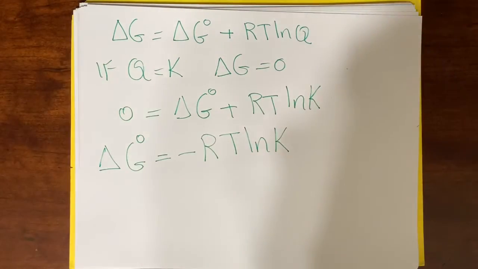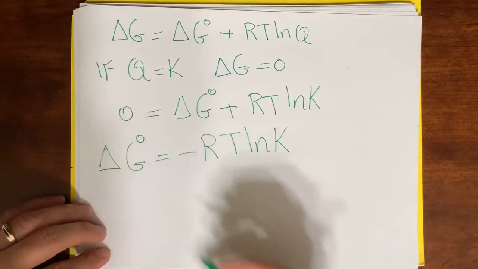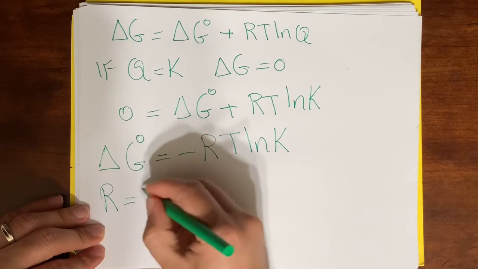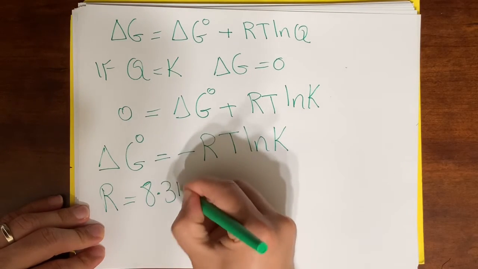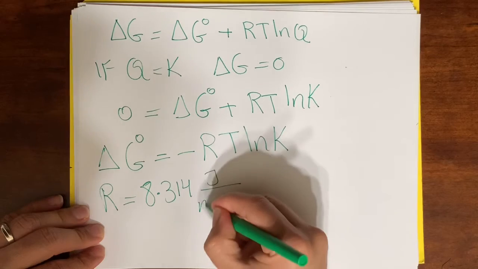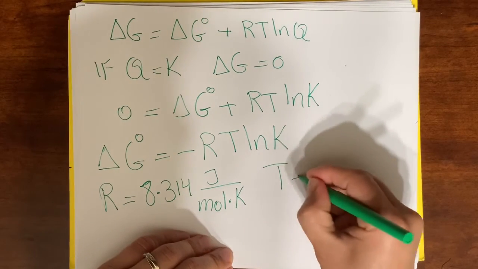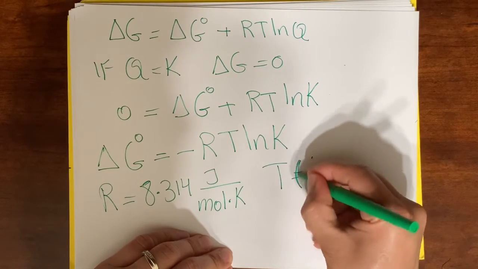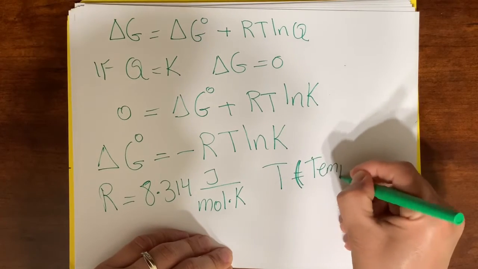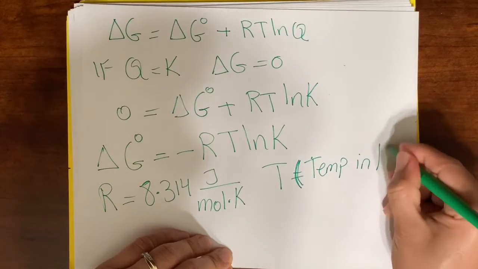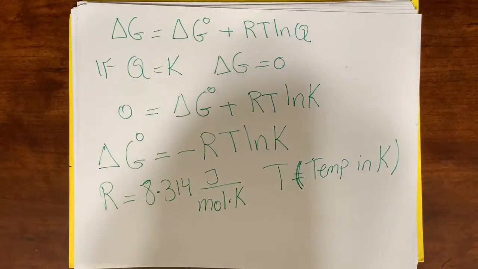If we know the standard delta G, we can get the equilibrium constant. R, you go with this number, 8.314 joule over mole Kelvin, and T is the temperature in Kelvin unit.